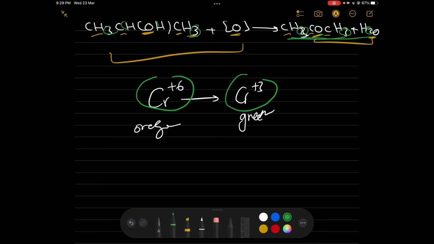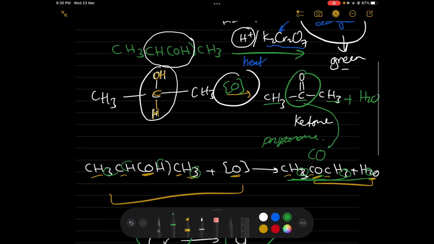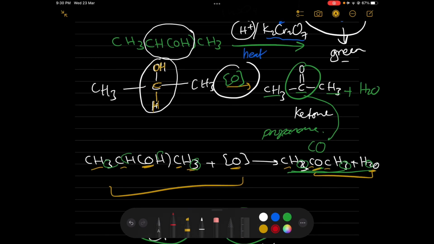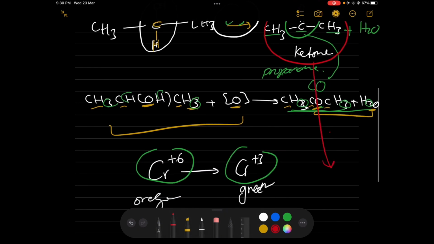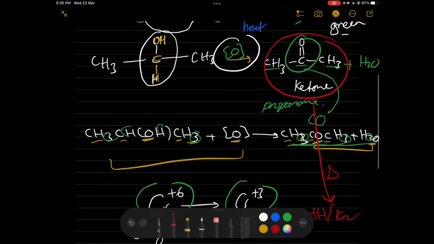It is inorganic, a transition metal, and that's why we don't consider it an organic compound. What you have to put in your mind is that this is the ketone. If you apply more heat and add more acidified potassium dichromate, you won't be able to oxidize it. So you can't oxidize the ketone further like aldehydes.